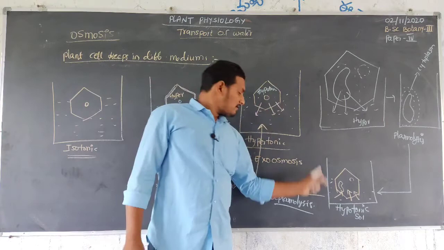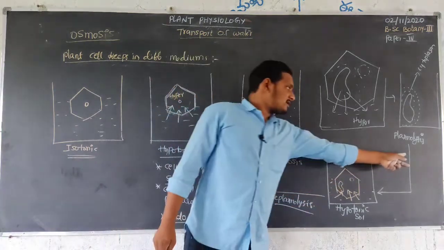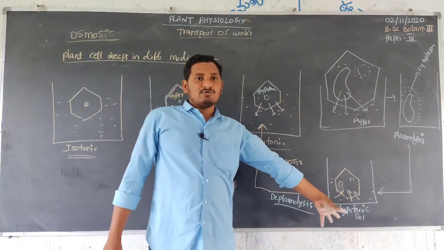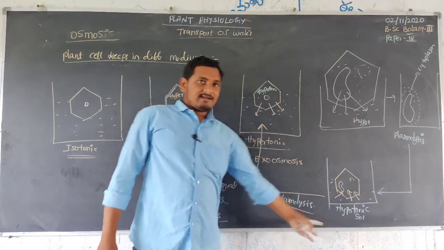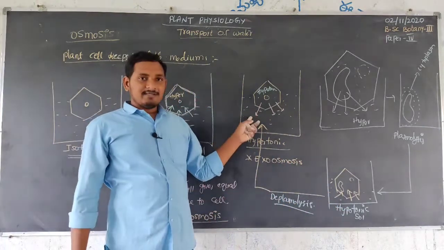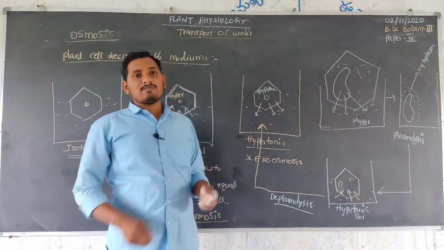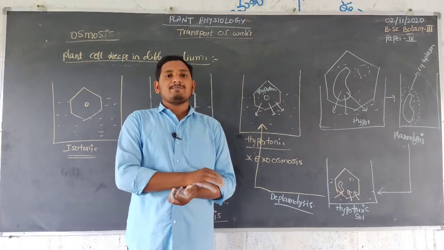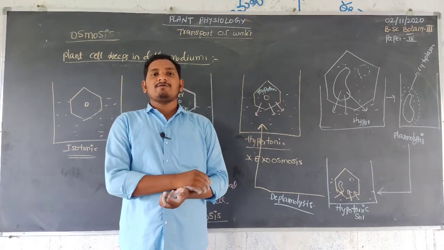That process is deplasmolysis. The cell receives water from the solution and retakes its normal shape. This is how animal cells and plant cells behave in different types of solutions.